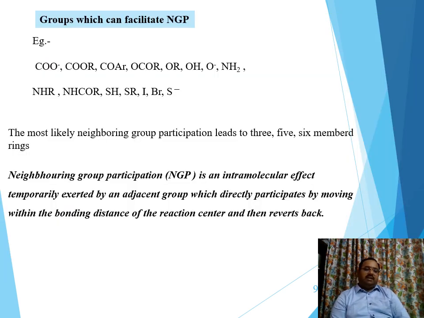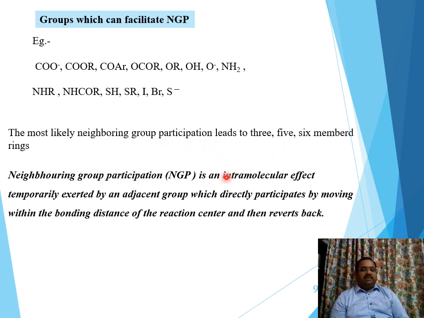These are examples of groups which can facilitate NGP reactions. Simply, a group having an extra lone pair can work as an NGP group. Most likely NGP leads to 3, 5, 6 membered rings.